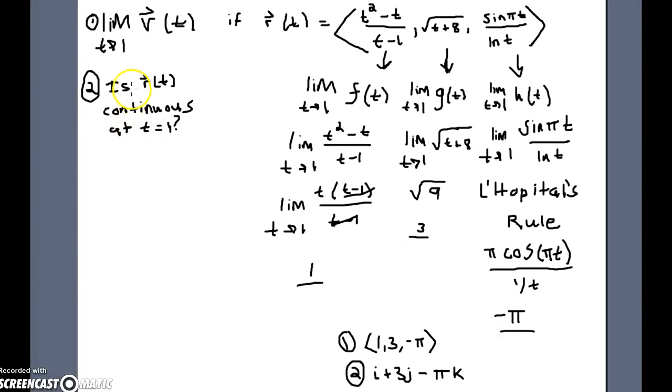Now let's shift to the second question. So the second question is: is r of t continuous at t equals 1? Let's first think about the definition of continuity in 2D. If you remember, there were 3 conditions. The first condition is the limit as x approaches c for f of x has to exist.